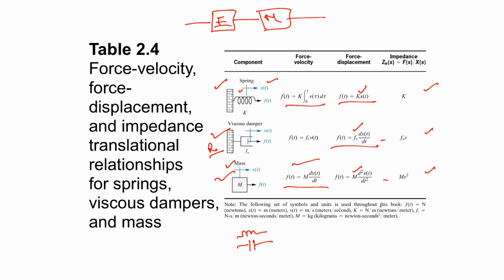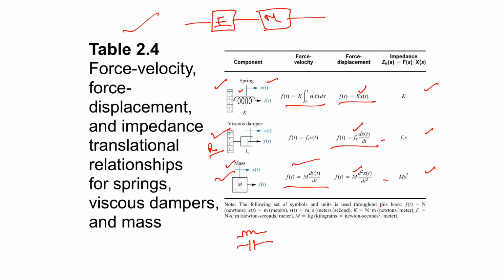Now take the force velocity column of this table, table 2.4, and the voltage current column of table 2.3 that we discussed in the previous lecture in case of electrical systems. We see that mechanical force is analogous to electrical voltage and mechanical velocity is analogous to electrical current.